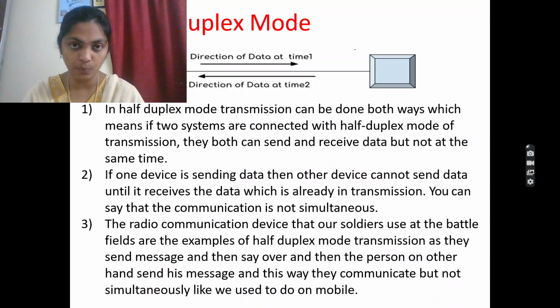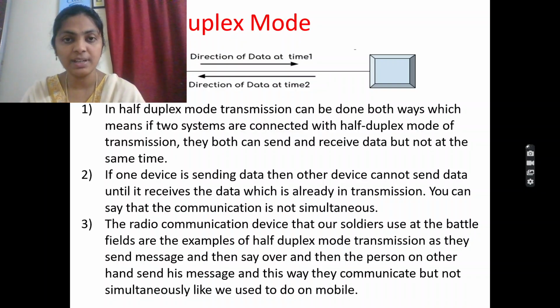If at time t1 one device is acting as a sender, then at time t1 the other device can only act as a receiver. After the sender completes its data transmission, only then can the other device start its data transmission. That is why it is called half duplex mode.